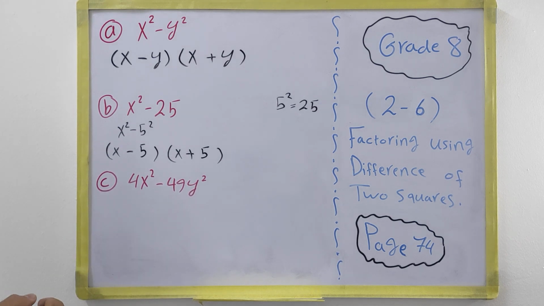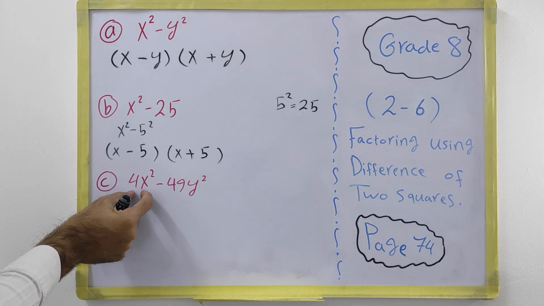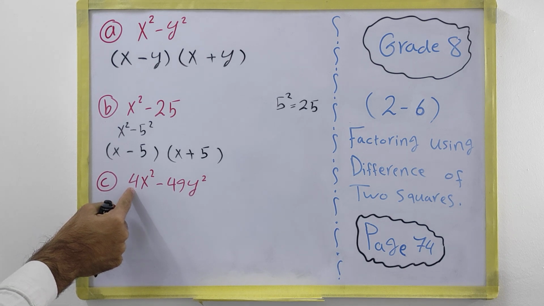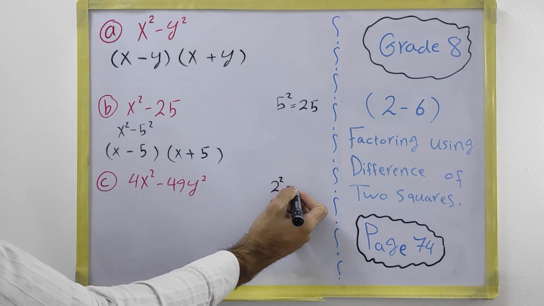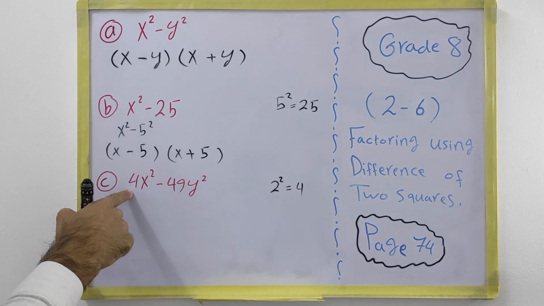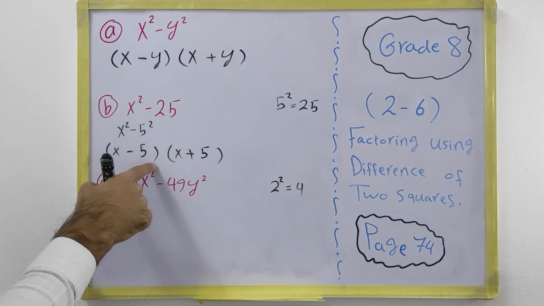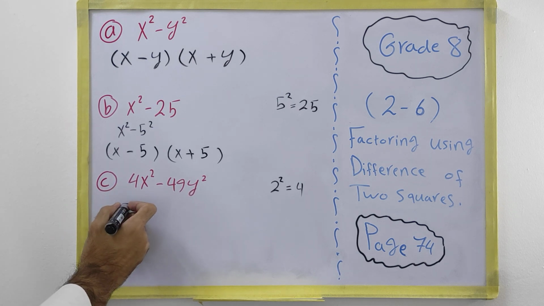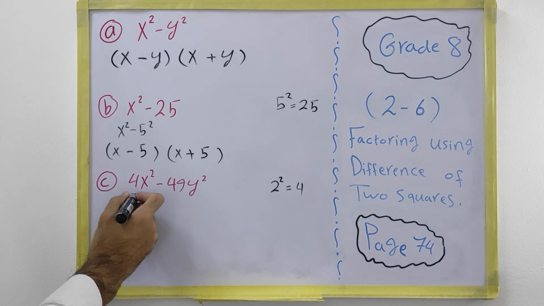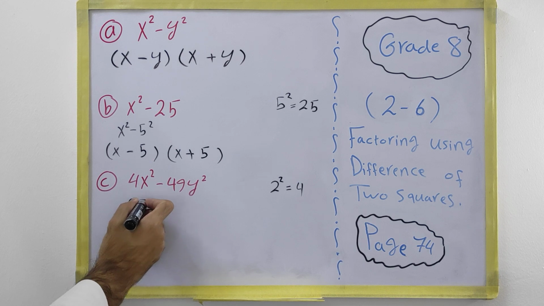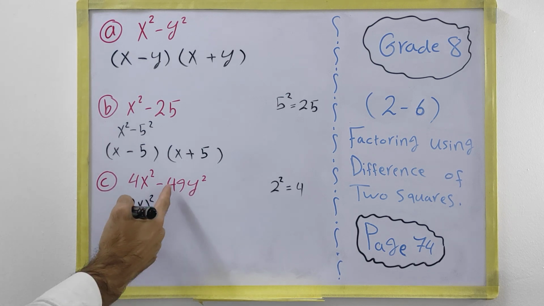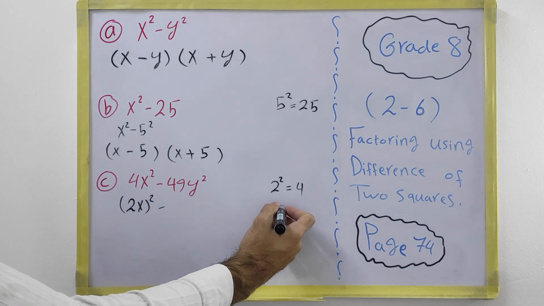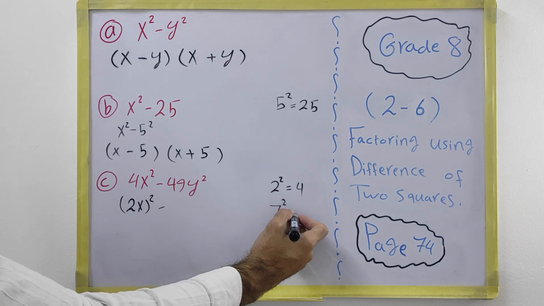Then for the last one, 4x power 2. 4 is a perfect square, which came from 2 power 2. This is a perfect square with the x. X is power 2 and this is 2 power 2. We can say 2x power 2 minus, and 49 as well, it's a perfect square which came from 7 power 2.